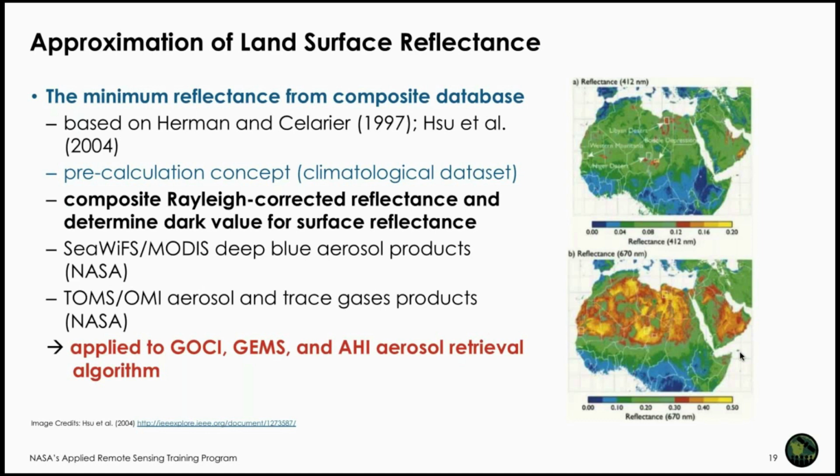But if we combine each scene during a month and composite that data as one dataset, then we can get clear pixels to get surface signals. This method is applied to the SeaWiFS and MODIS Deep Blue aerosol retrieval algorithms and the TOMS and OMI aerosol retrieval algorithms, which use the UV characteristics. So this method can be applied to GOCI, GEMS, and AHI.